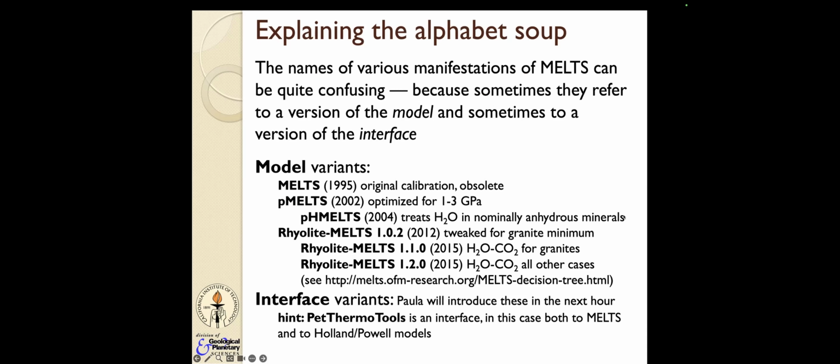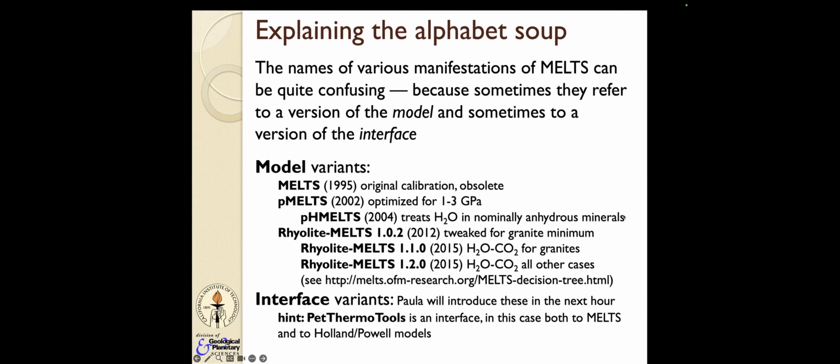So the actual variations of the model, there are only a few, and this is important to realize that the model itself is changed very rarely. It's very stable. And sometimes people write papers using MELTS models, and reviewers who don't understand this point need to ask exactly what version of the model you're implementing. And there just aren't that many versions, okay?